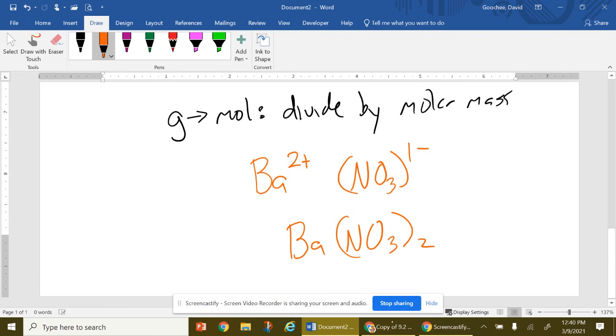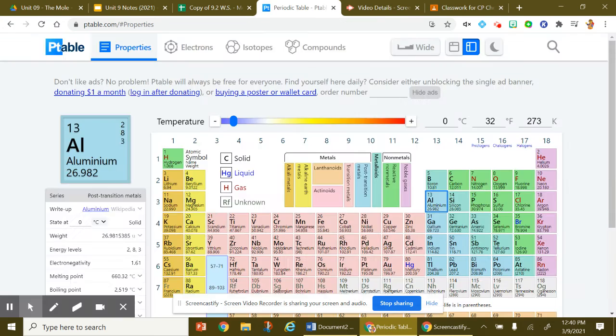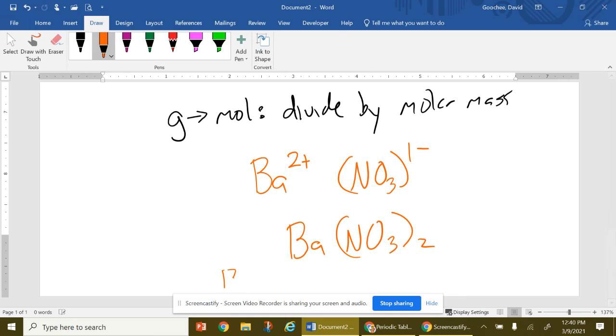So the molar mass is of barium, which is 137.33, plus 2 nitrogen, so 2 times 14.01, plus 2 times 3 is 6 oxygens.